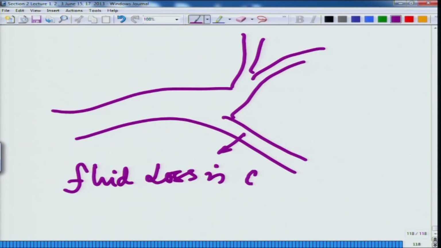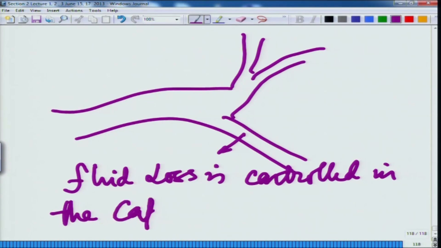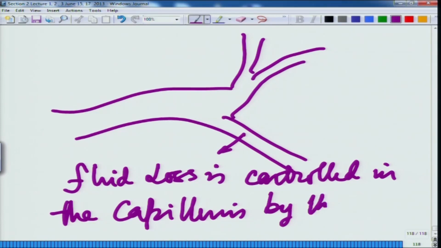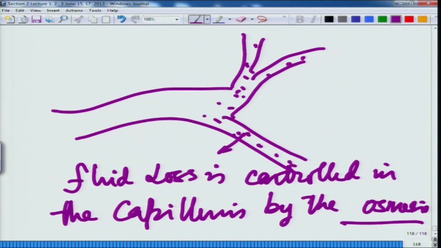Fluid loss is controlled in the capillaries by the osmosis process, and this is governed by several proteins which are present, and I am showing them in the dots. These are the several proteins which are present, and in the same way in the kidney there are a whole bunch of proteins which pull back the water and do not allow the water to be lost.